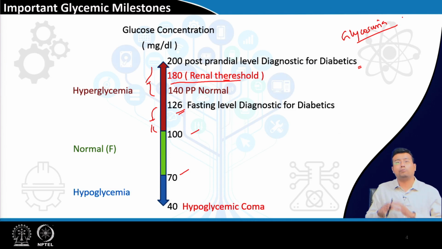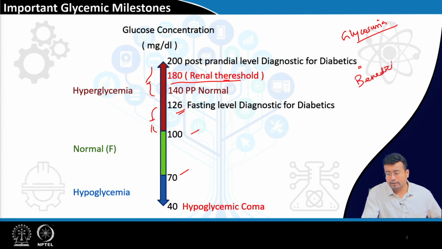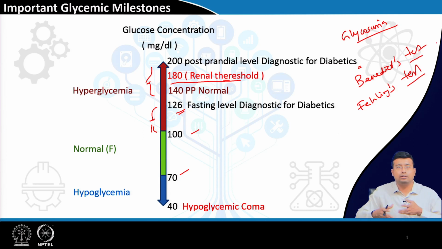In that case, we will not be getting glucose in urine. If glucose is found in urine, the test for reducing sugar will be positive. Those tests are Benedict's test or Fehling's test. These tests will be positive for reducing substances, because glucose is a reducing sugar.